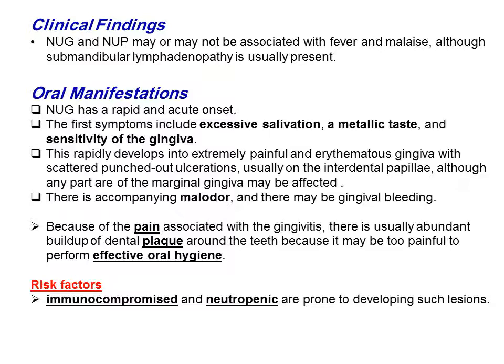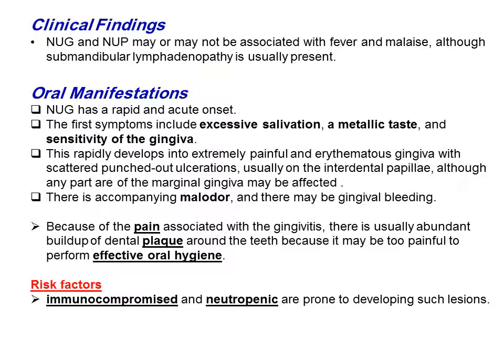Clinical findings of necrotizing ulcerative gingivitis and periodontitis may or may not be associated with fever, malaise, and submandibular lymphadenopathy, which is usually present.